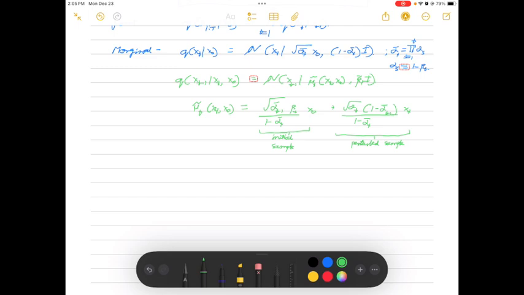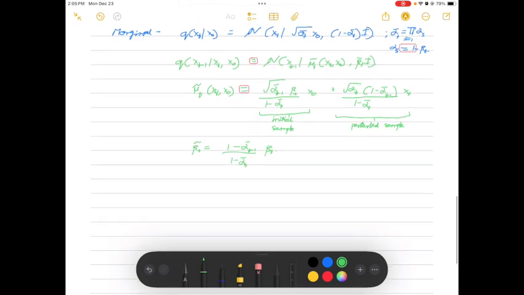And beta tilde here is 1 minus alpha bar t minus 1 divided by 1 minus alpha bar t, times beta t.